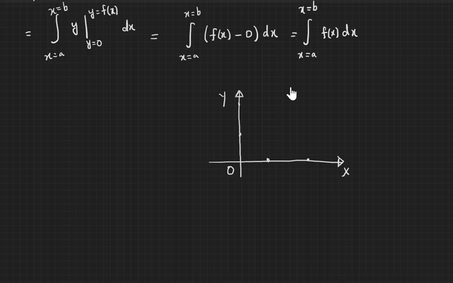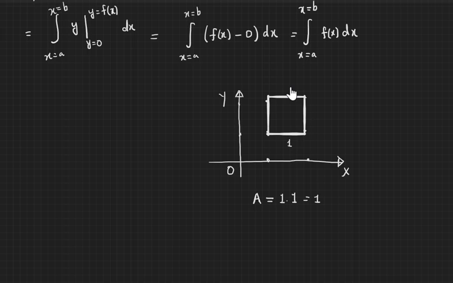Now this point and this point, if I join them together, this will be a square. If the length of the side of this square is 1, it means that the area of this square should be, according to elementary geometry, 1 multiplied by 1, which is equal to 1.